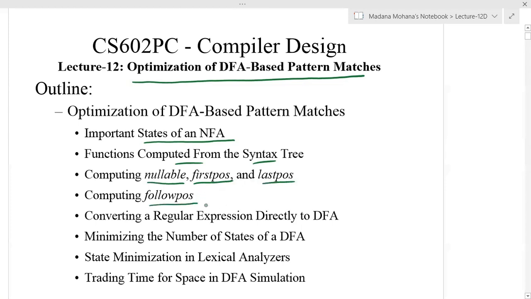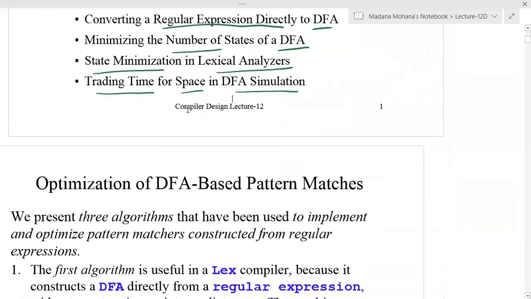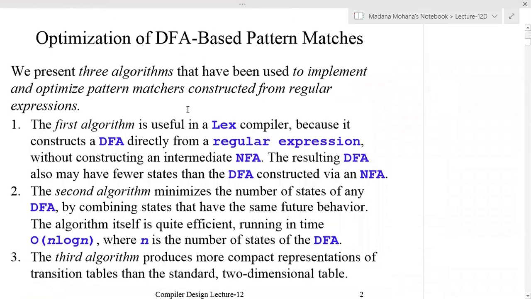Later we'll discuss conversion of a regular expression directly to DFA, then minimizing the number of states in DFA, then state minimization in lexical analyzers, and the last one, trading time for space in DFA simulation. These are all the various topics we are going to cover in this lecture. Now let us move one by one.